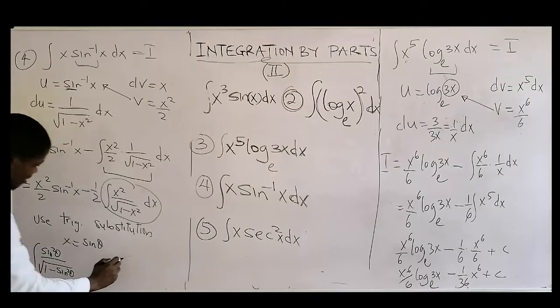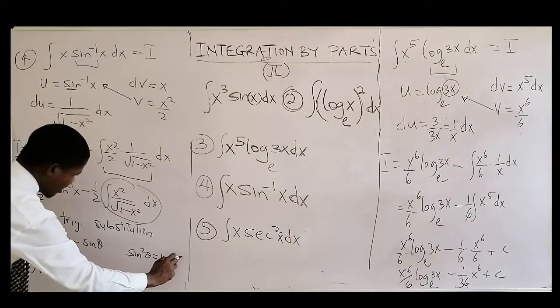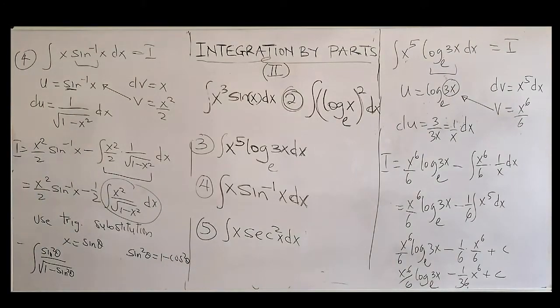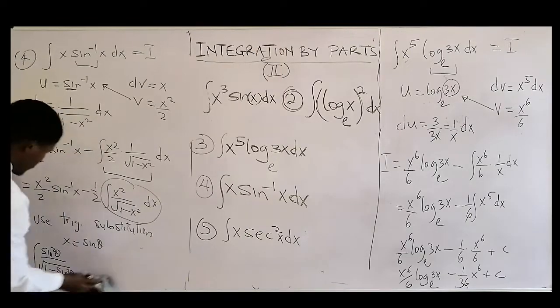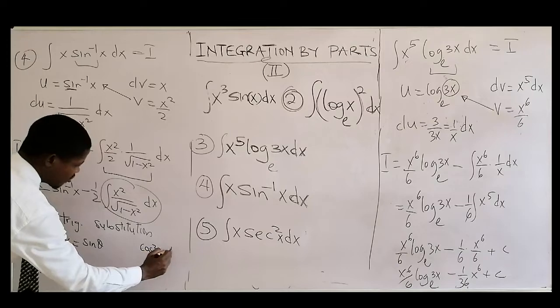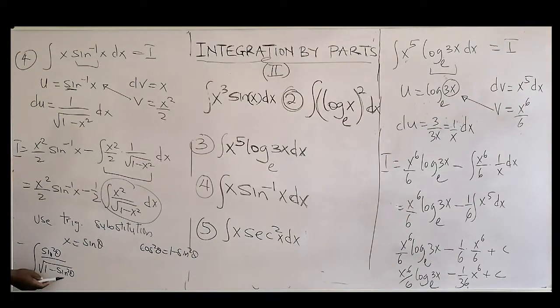And don't forget that cos squared theta is equal to 1 minus sine squared theta. Look at what we have here: 1 minus sine squared theta is equal to cos squared theta, and there is a square root on it.